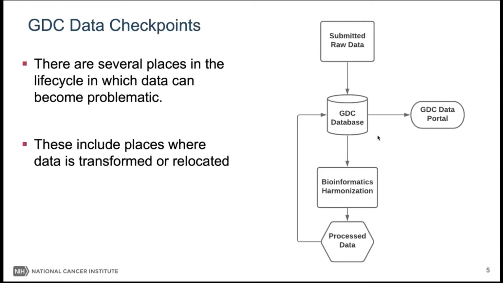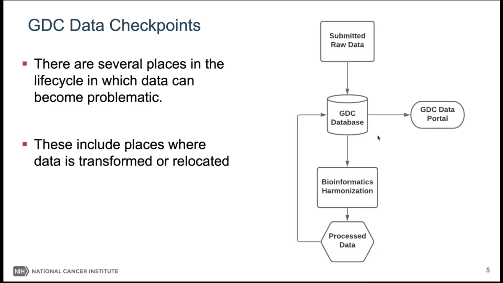Now we have checkpoints, and each of these arrows in this flowchart represents places where data is transformed or relocated. And these places in the flowchart are steps in which problems can be introduced to the data, whether it's some data being missing, data being transformed in some way, maybe incorrectly, or other problems like that.